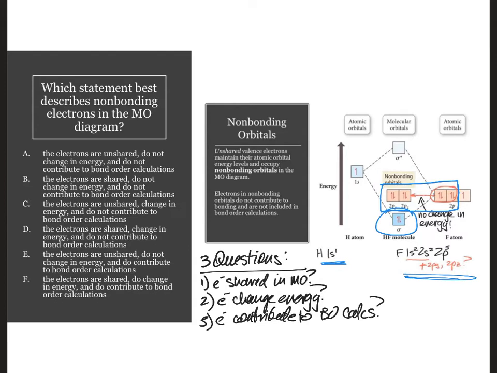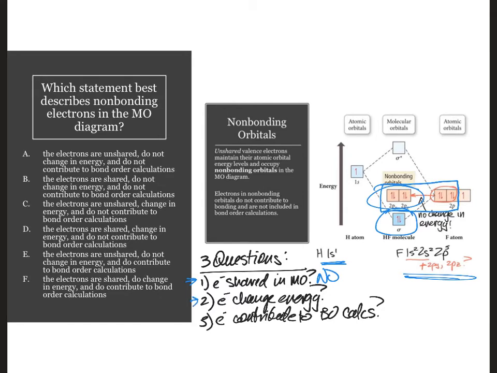So essentially, I'm asking 3 questions in one here. The non-bonding electrons, are they shared in the molecular orbital diagram? The answer is no. They just come over and hang out. You don't see any dotted lines where they're interacting with anything.